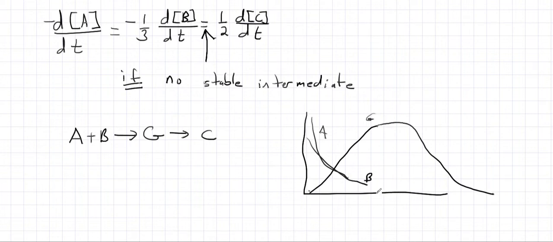And at that point, we're going to now start forming C. And so we can see that these slopes are related to this slope, but they're totally unrelated to this slope over here because we're building up intermediate. So just be aware that that subtlety is kind of glossed over in most books.